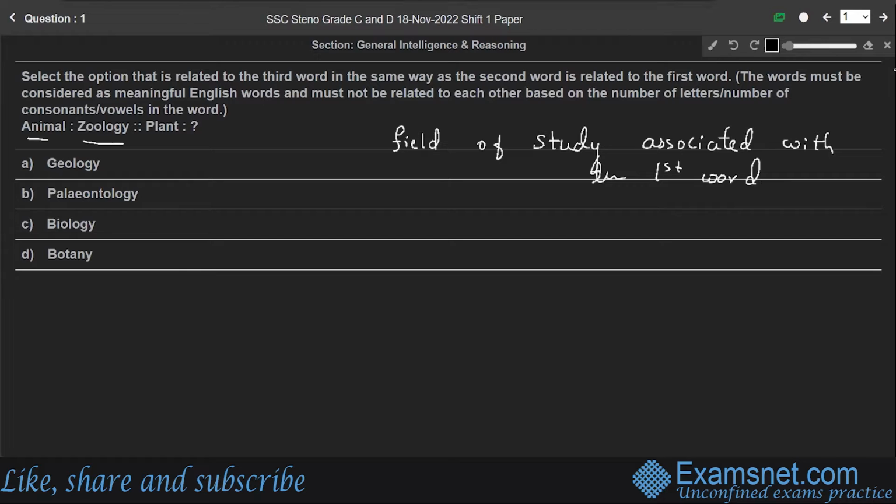Therefore, zoology is the field of study associated with animals. Therefore, the field of study associated with plants is botany. Therefore, the correct answer is option D.